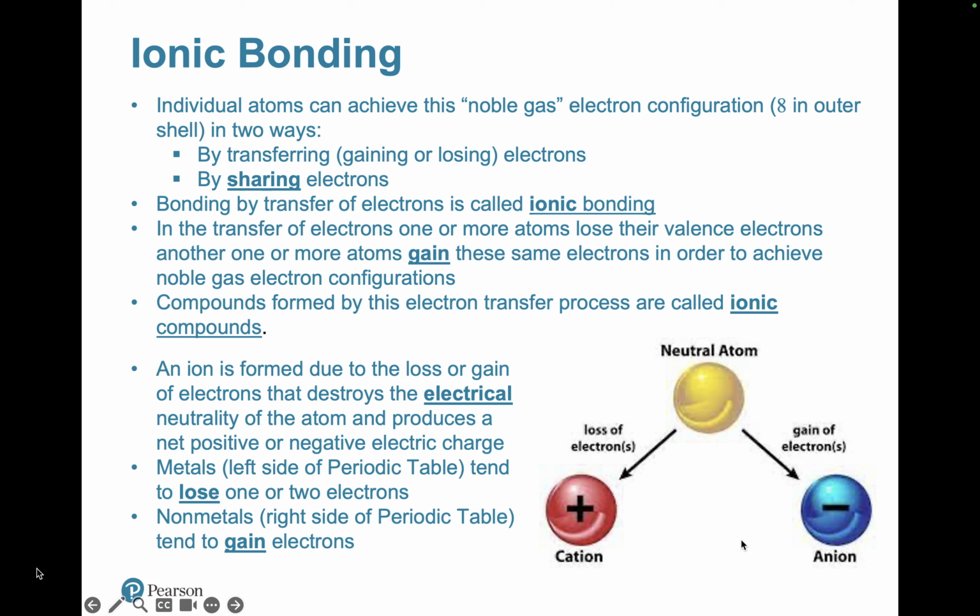The way I like to use this as an example, especially since it works well with my whole cat thing, is that metals become cat ions, and these cat ions are positive because cats have paws, right? So positive for cat ions.